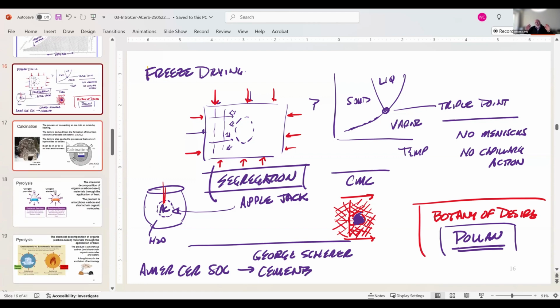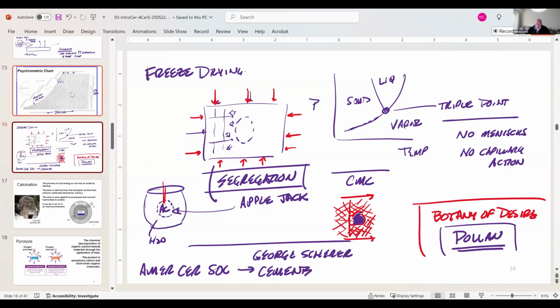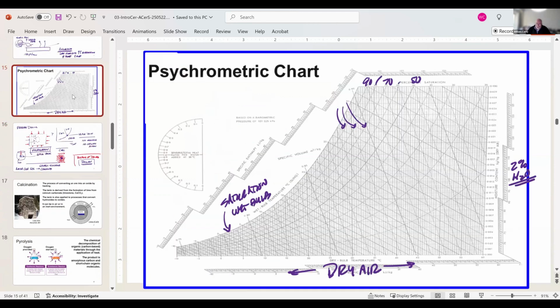So there's a lot of literature on drying, and I make another distinction here. There is a great model on drying, George Shearer again. There's a micromechanical model based on what happens on the particle level. Then there's a macro mechanical model of drying, which is this psychometric chart.